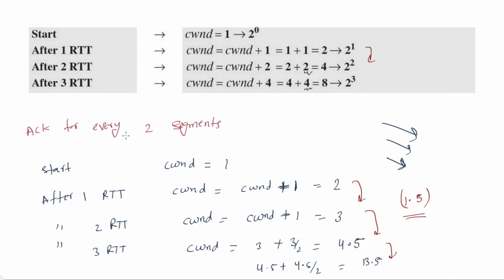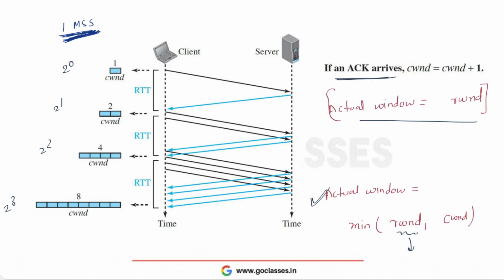So let's stick to the assumption that for every segment I'm receiving one acknowledgement. This is very standard, so even if they do not mention it, we will take it for granted.